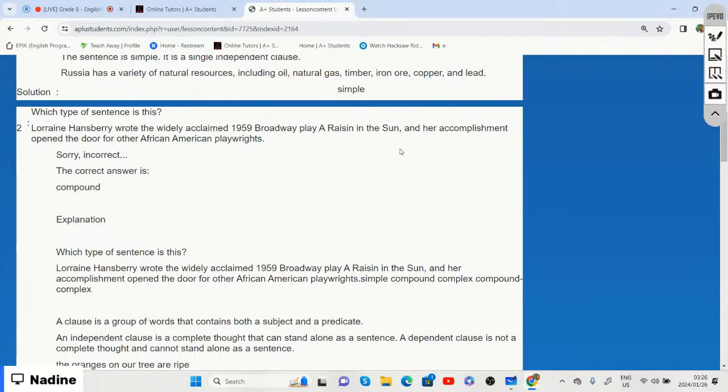So I feel that's a compound sentence, especially since it's joined by a coordinating conjunction, which is and.